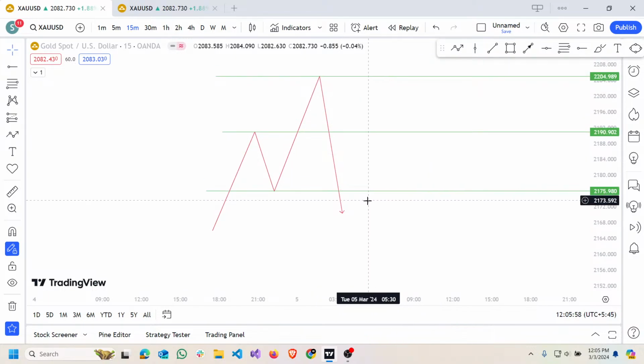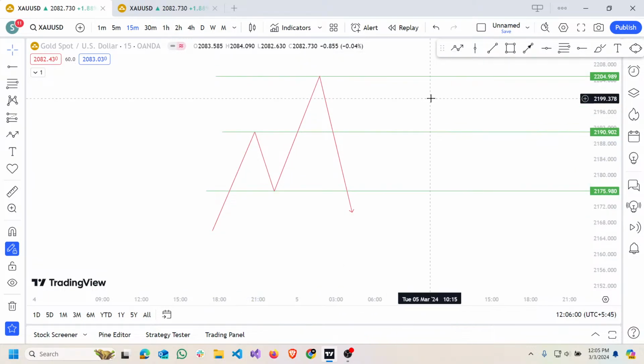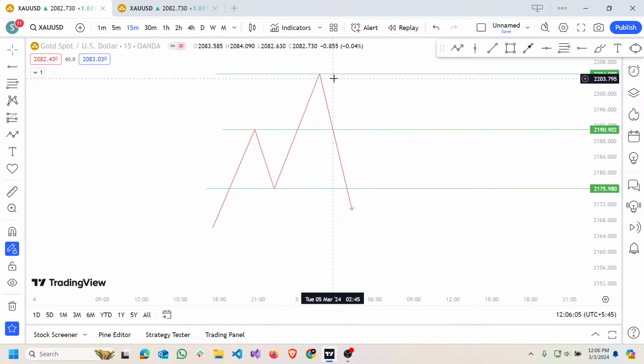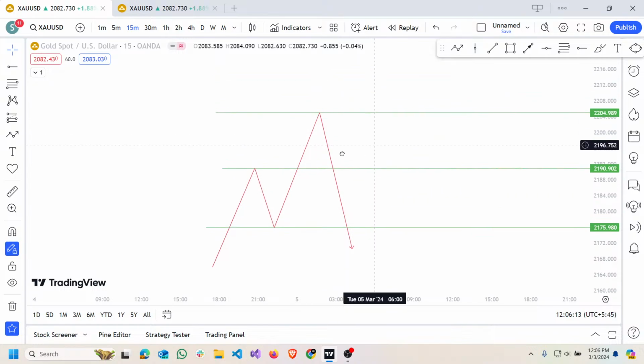So in this case, we have to look at many things. First, look if there is liquidity left below here or not, how the market has played, how the consolidation went.